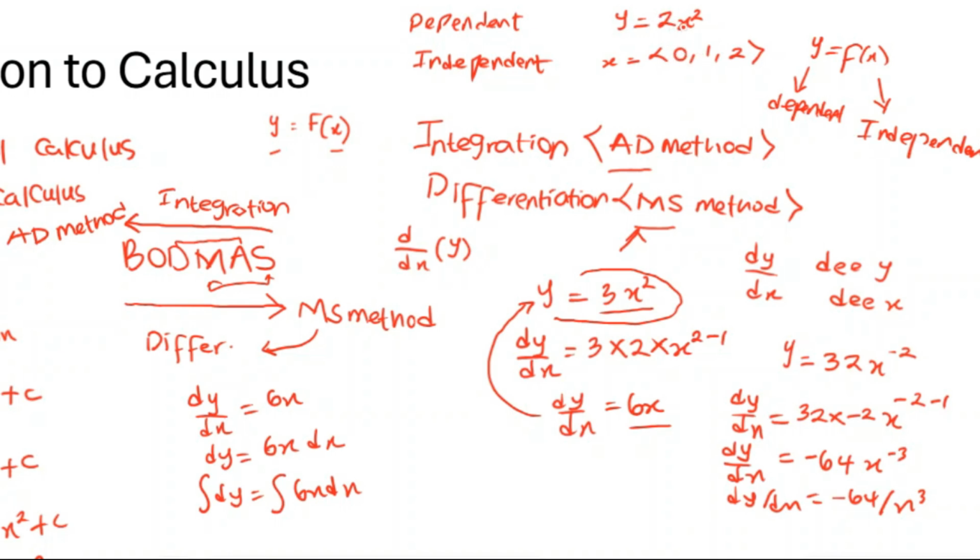When you now substitute those values of x here, your y depends on those values of x. So it means that when your x is 0, your y also will be 0. When x is 1, that will be 1 raised to power 2 times 1, which will give us 2. When x is 2, 2 raised to power 2, that's 4 times 2, that will give us 8. So the values of y, which are 0, 2, 8, depend on the value of x, which are 0, 1, and 2.